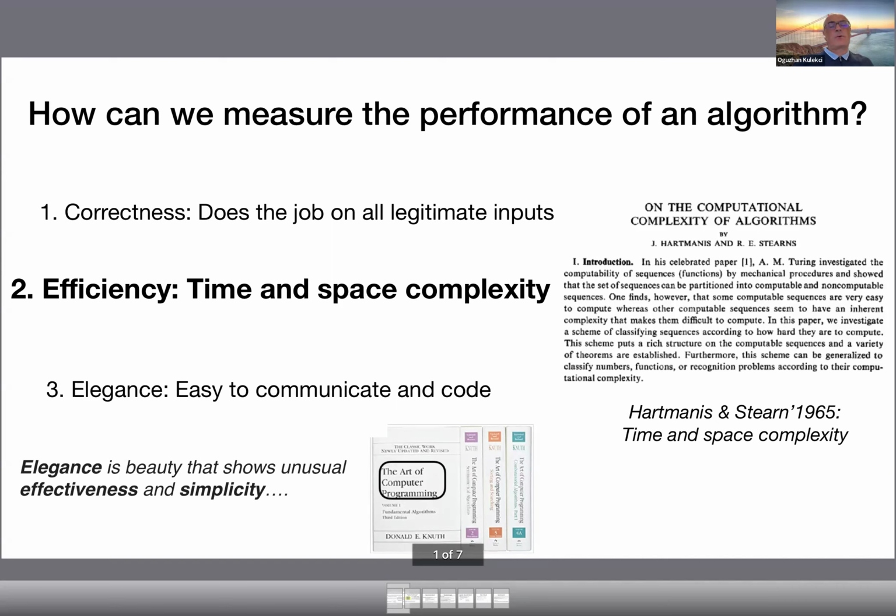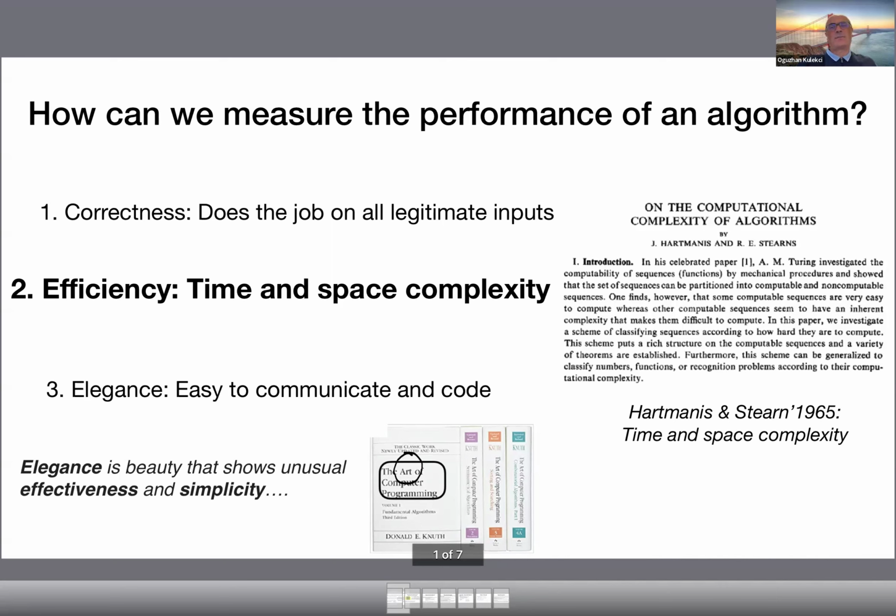The name is very interesting, because it says there is actually an artistic dimension in the actual programming practice. As a third dimension, I would like to include the elegance of an algorithm as a performance metric.